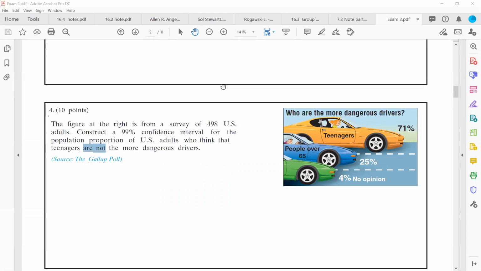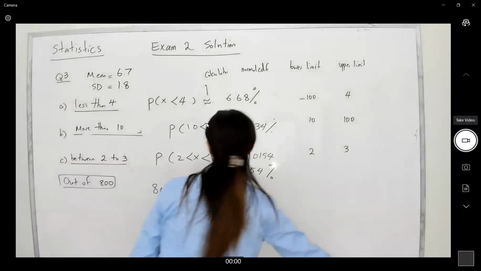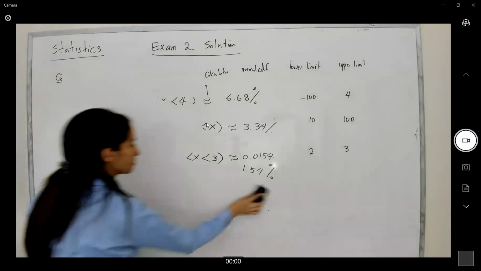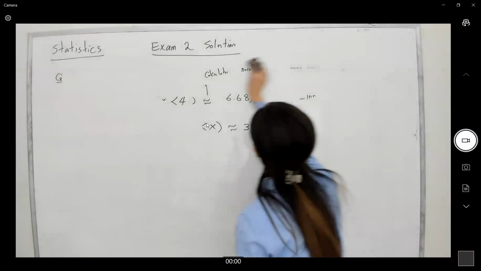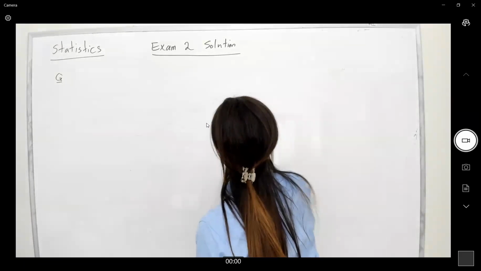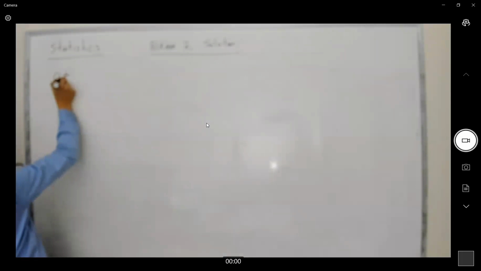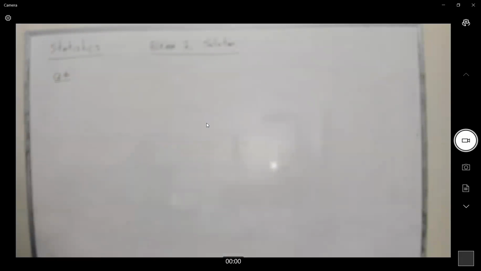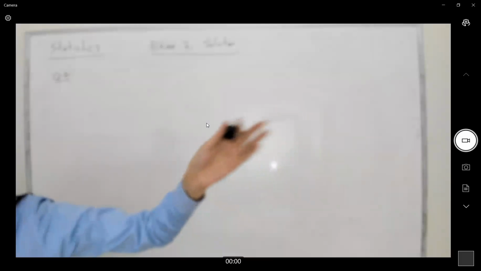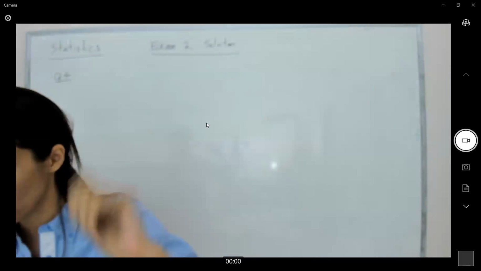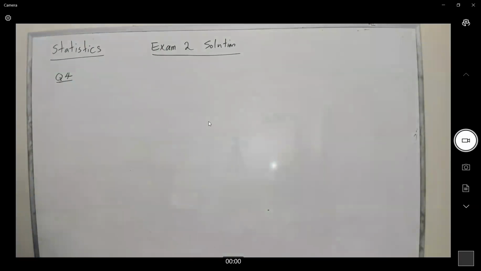Let's write down the information on the board. This is question 4. Our goal is to construct a 99% confidence interval.